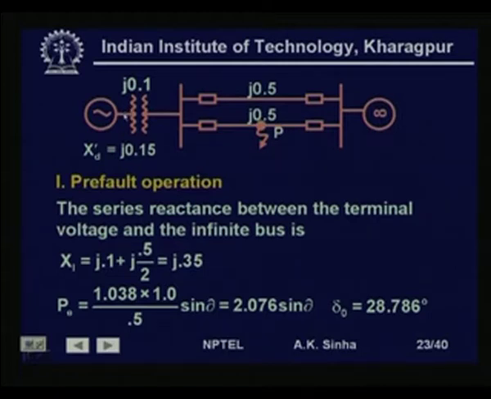First thing we will do is find the transfer reactance between this point and the infinite bus. So, the transfer reactance between this point and the infinite bus is j0.1 plus these two in parallel. So, this becomes j0.25. So, it is j0.1 plus j0.5 divided by 2 lines in parallel, this is j0.35.